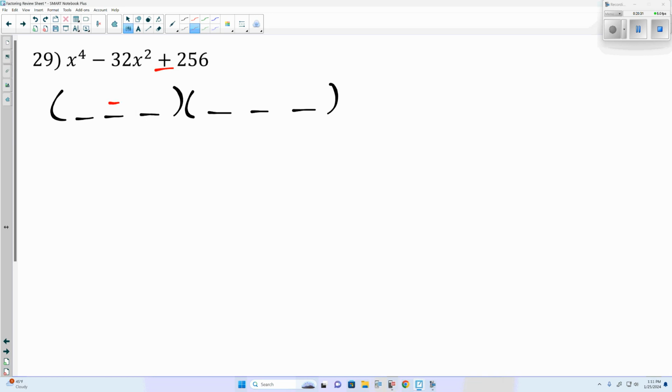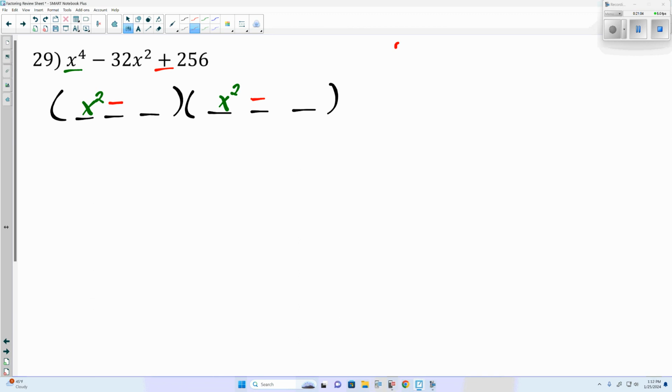Since the third term is positive, our signs are the same and match the sign of the middle term: negative and negative. Our factors for this: x to the fourth would indeed be x squared and x squared. In our normal ones, we had x squared for the first, so we had x and x, which matched the middle term. Here, our first one's x to the fourth and the middle term's x squared, so we have x squared and x squared.